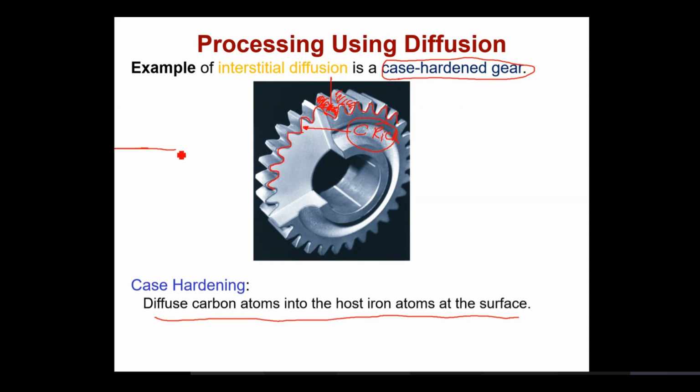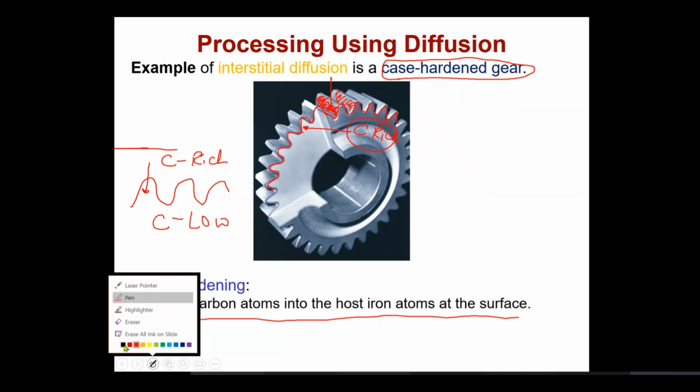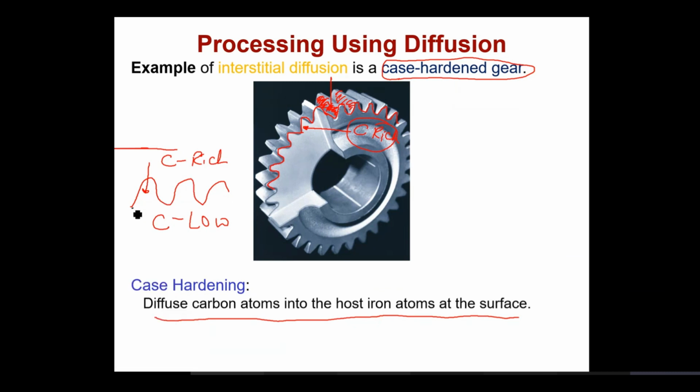So if this is the outer surface of the gear, you have a carbon rich layer over here. This is carbon low or relatively no carbon. So carbon would diffuse into the gear. And this carbon, if I represent it with, let's say, black color, would acquire space near the surface.